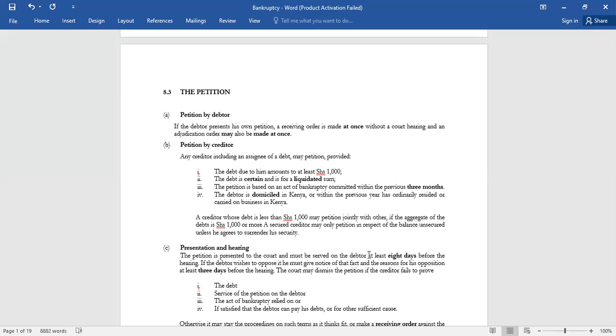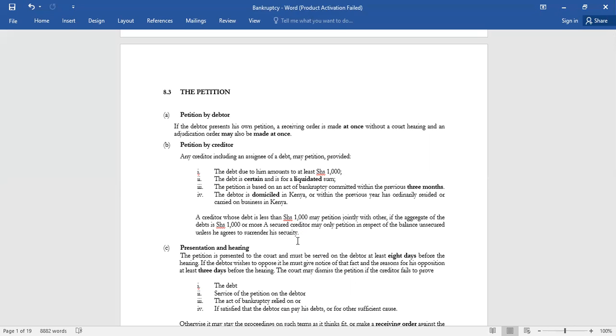Now, what if I owe you 800 shillings? It's not yet 1,000, so I cannot be declared bankrupt because the law provides for 1,000. And that's why we have this clause down there. We are saying that a creditor whose debt is less than 1,000 may petition jointly with others. So if the aggregate of the debt is 1,000 or more, a secured creditor may only petition in respect of the balance unsecured, unless he agrees to surrender his security.